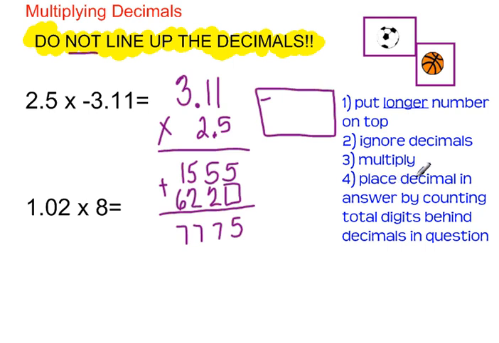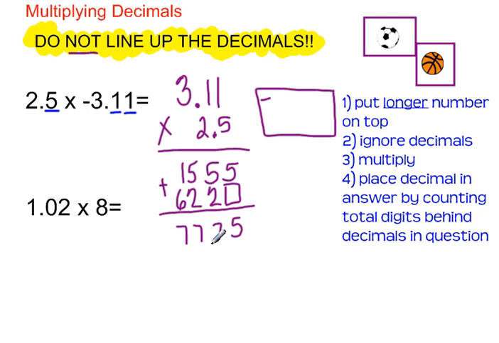Last step, place the decimal in the answer by counting the total digits behind the decimals in the question. Now that sounds a little wordy, sounds a little complicated. This is how we're going to do this. Here's one digit behind a decimal. Here's one more, here's one more. I have a total of 3 digits behind the decimal.